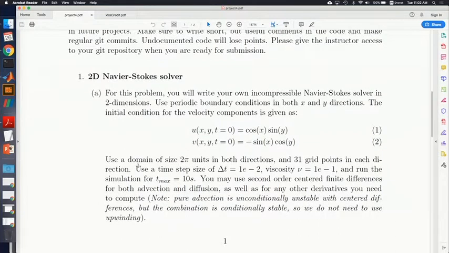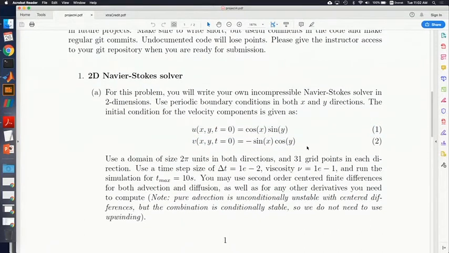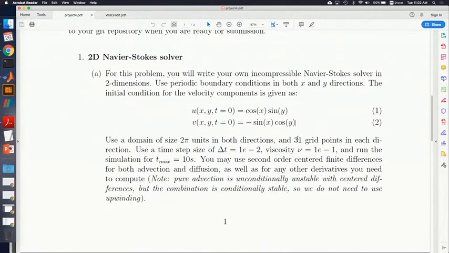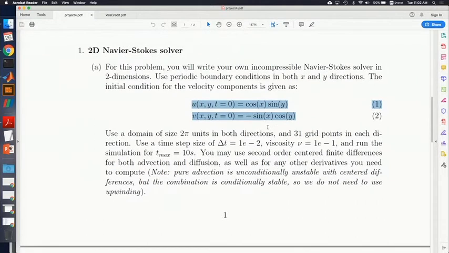So there's two problems mainly. First, you have used this velocity field before for doing 2D advection. So it's the same spinning vortex. It's called the Taylor-Green vortex. And now you have to start with that as an initial condition. But then it will decay because of viscosity.